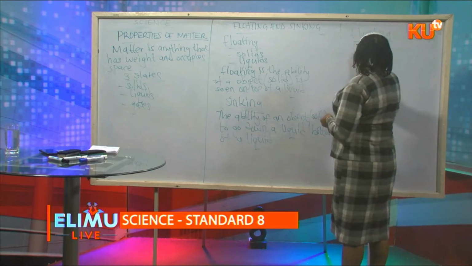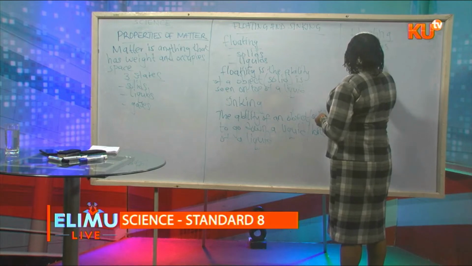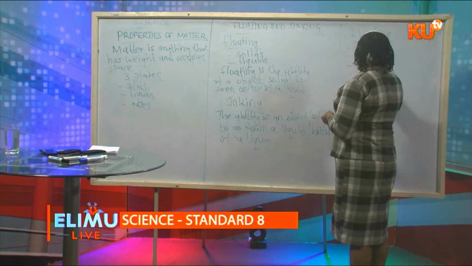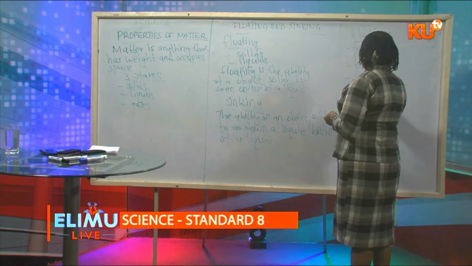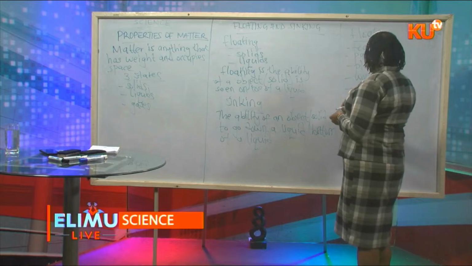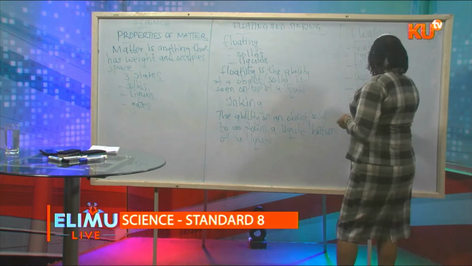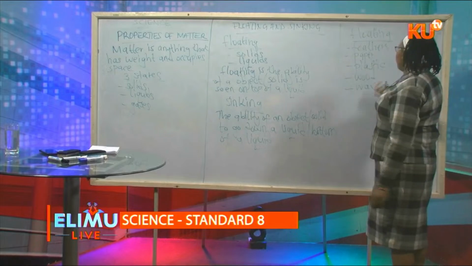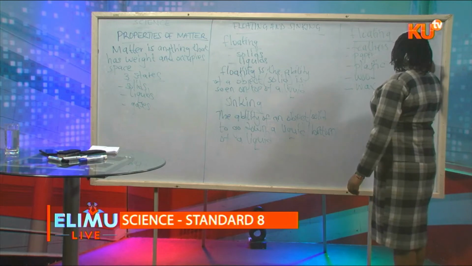For example, we have feathers, paper, objects made of plastic, objects made of wood, and objects made of wax. All these items usually float, and they are called floaters.